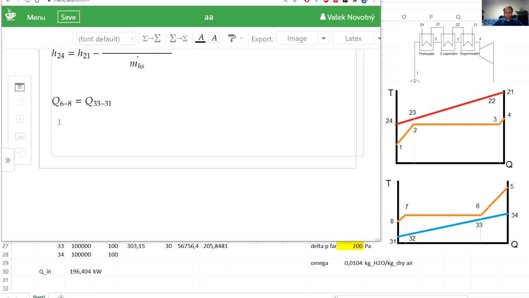And now the Q68 is the mass flow rate of the organic Rankine cycle working fluid multiplied by the difference in enthalpies H6 minus H8, and this is the same as the mass flow rate of the cooling air multiplied by the difference in enthalpies H33 and H31.